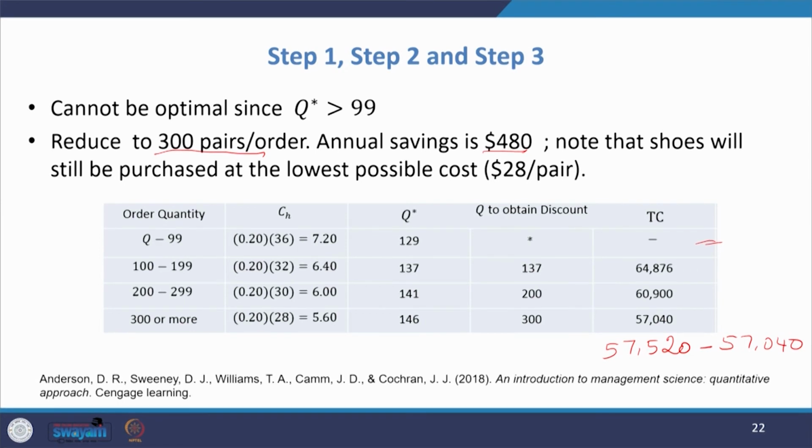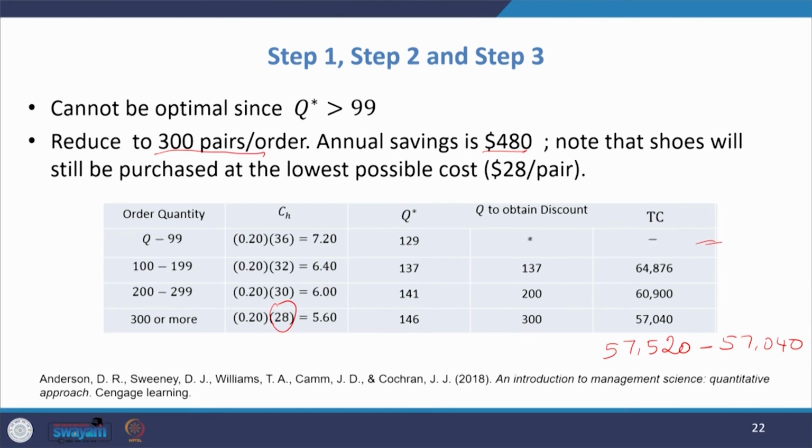Okay. But note that this shoe will still be purchased at the lowest possible cost of $28. See this $28. So, our conclusion is this shoe company should go for taking this offer.